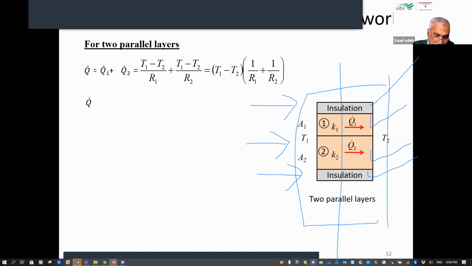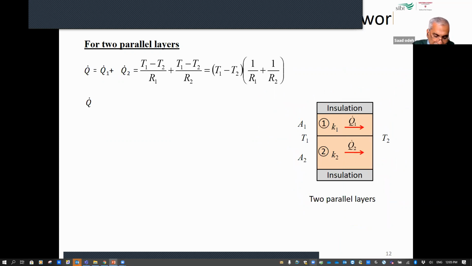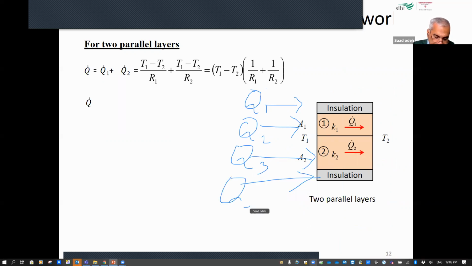We have Q1, Q2, Q3. Sorry, that is clearer. We have through insulation, Q1, and then through material K1, we have Q2, and we have material 2, we have Q3, and then we have Q4.